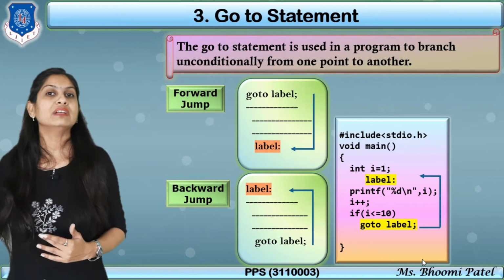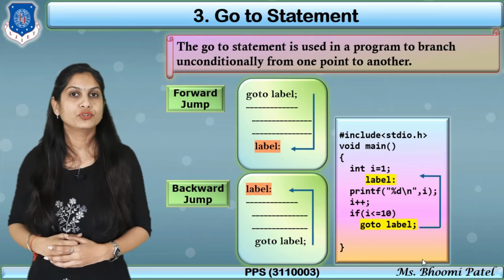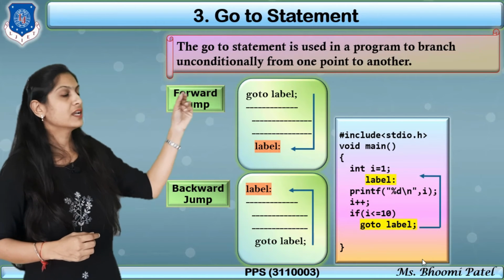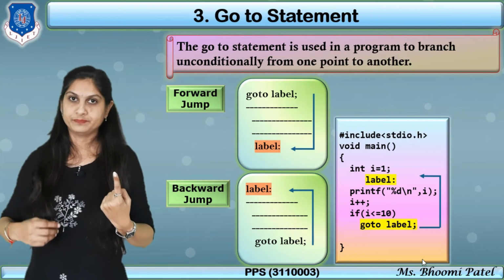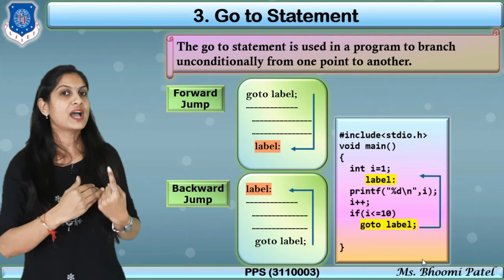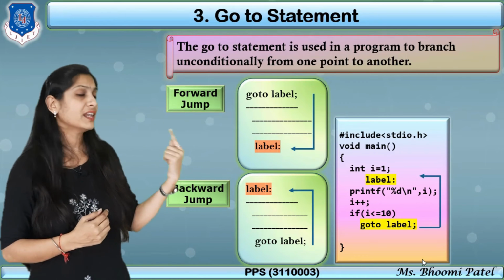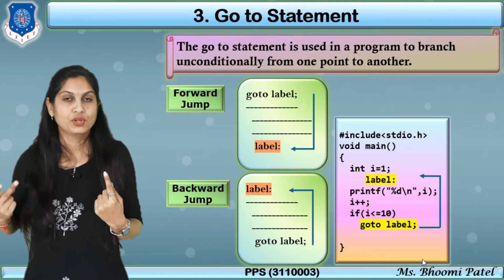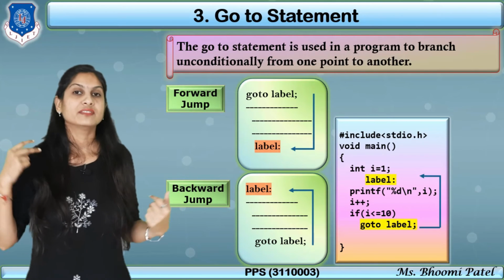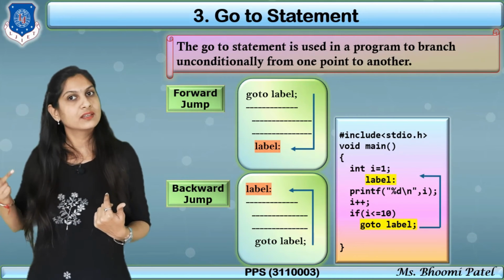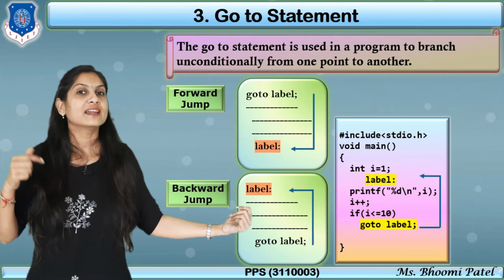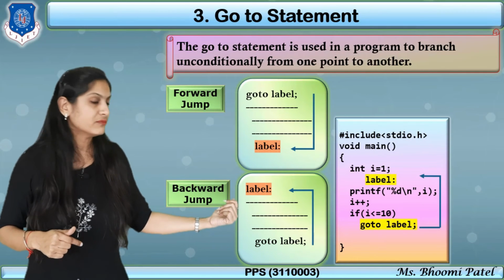Now how will this program execute and what is the output of it? For that understand: first I equals 1, then print the value of I, that is 1. Then I is incremented to 2 and we check the condition, that is 2 is less than or equal to 10. Yes, so we go inside that goto statement and follow it.